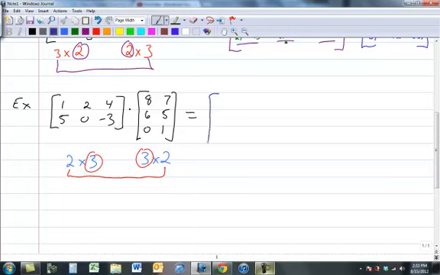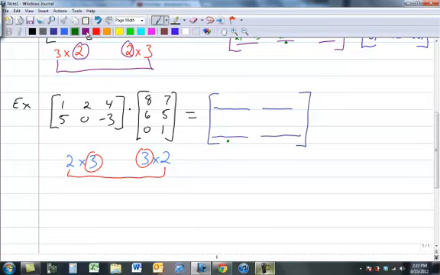So before I even get started, I like to show what my answer is going to look like. It's going to be a 2 by 2 matrix like this. So if you'd like to pause it, give it a shot. Otherwise, I'm going to do the first one, and then I'd like you to pause it and do the rest of them. In fact, I'm going to do this one first. This is row 2, column 1.